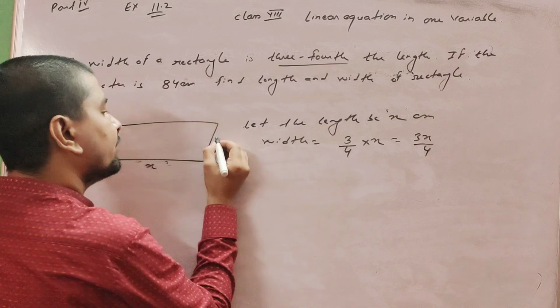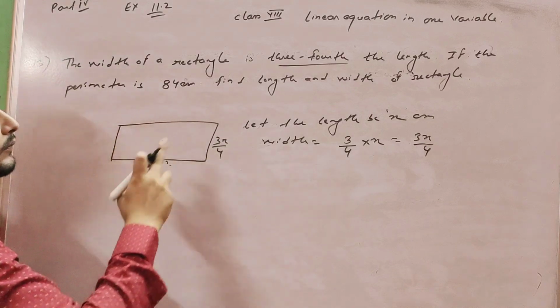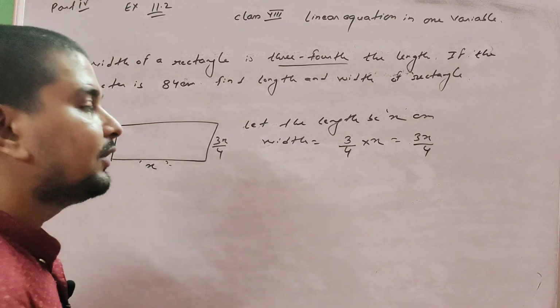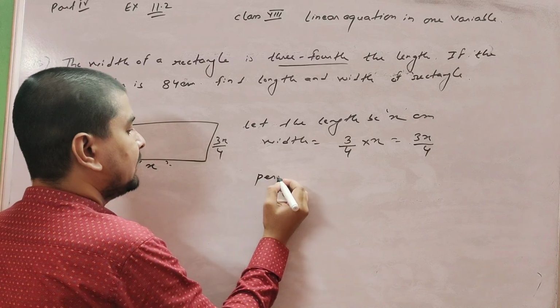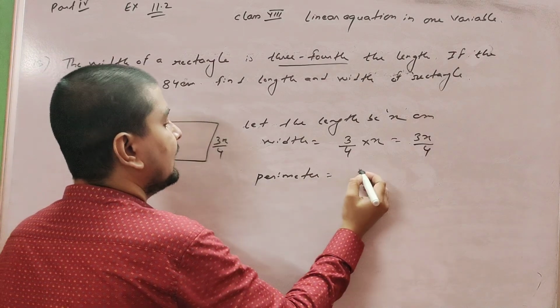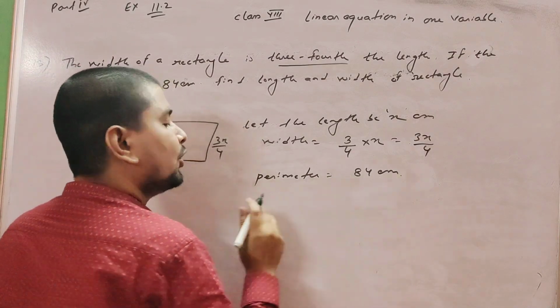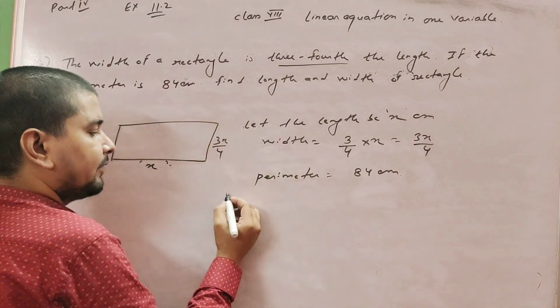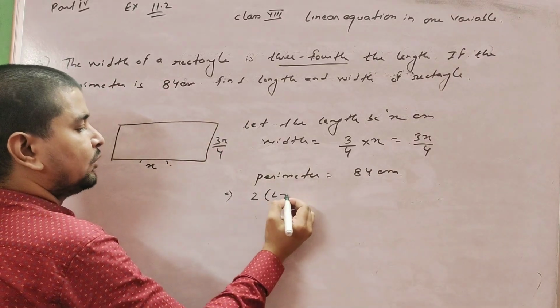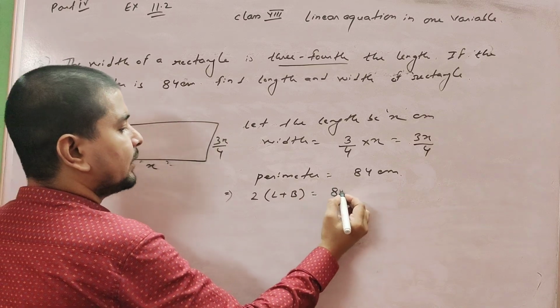The width is 3x by 4 and the perimeter is 84 centimeters. We know the formula of perimeter very well: 2 into length plus breadth equals 84.